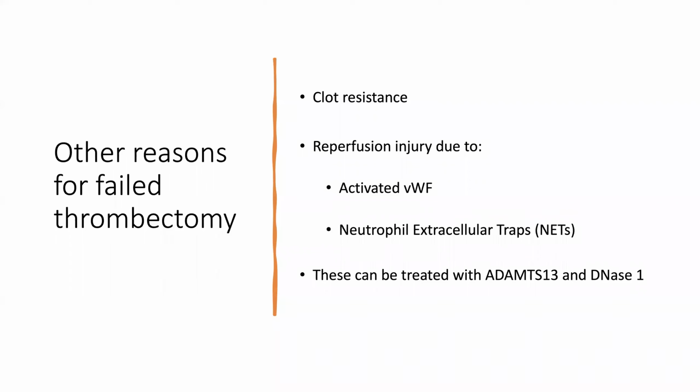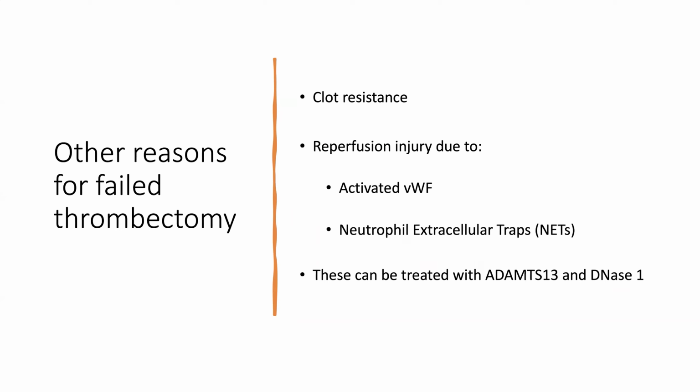And then other people are looking at, depending on how long the brain's been dead, there theoretically could be a reperfusion injury where the brain actually doesn't want to revascularize itself, where it activates von Willebrand factor and these neutrophil extracellular traps, which prevent you from actually revascularizing the brain because the brain is already dead.